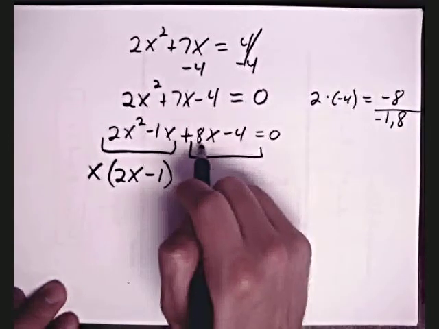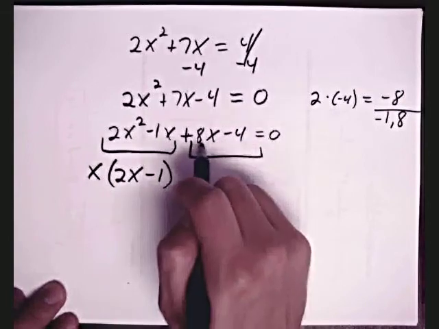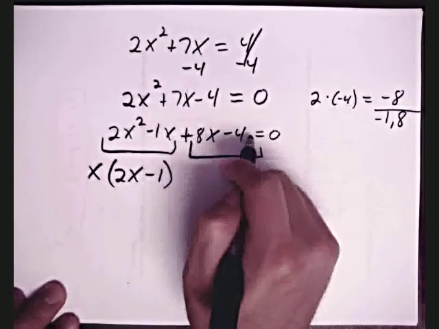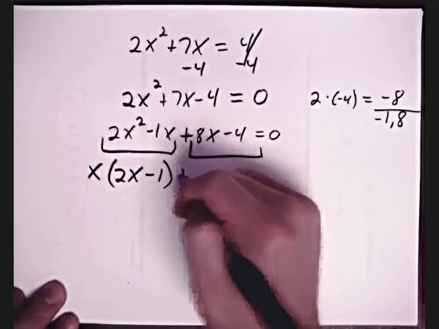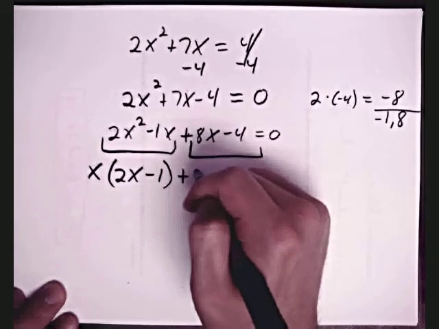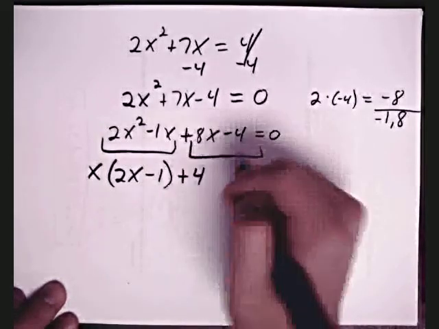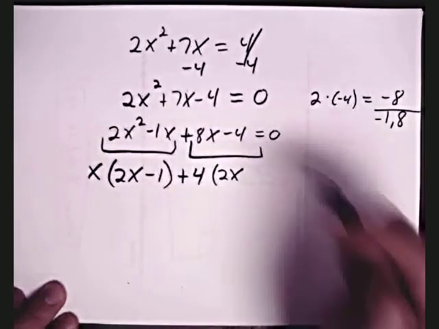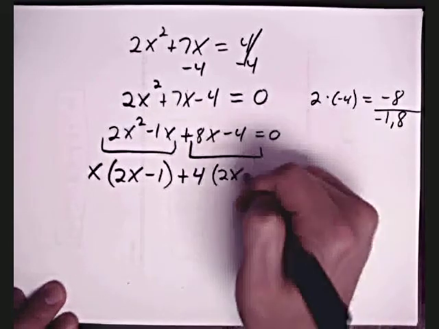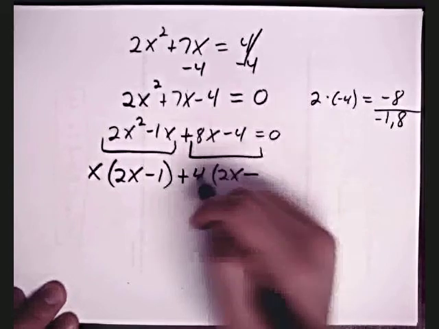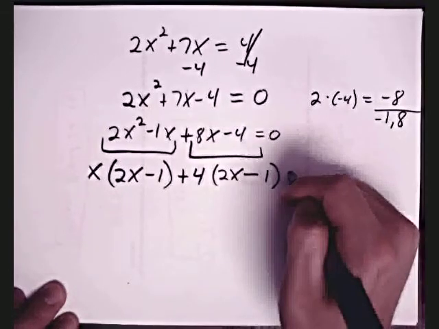8x minus 4. We have positive and negative, so that's all ready to go. And 8 and 4, both divisible by 4. So we're going to factor out a positive 4, so we should have plus 4. If you factor 4 out of 8x, you're left with 2x. And then minus and a positive will leave us with a minus. 4 divided by 4 is 1.